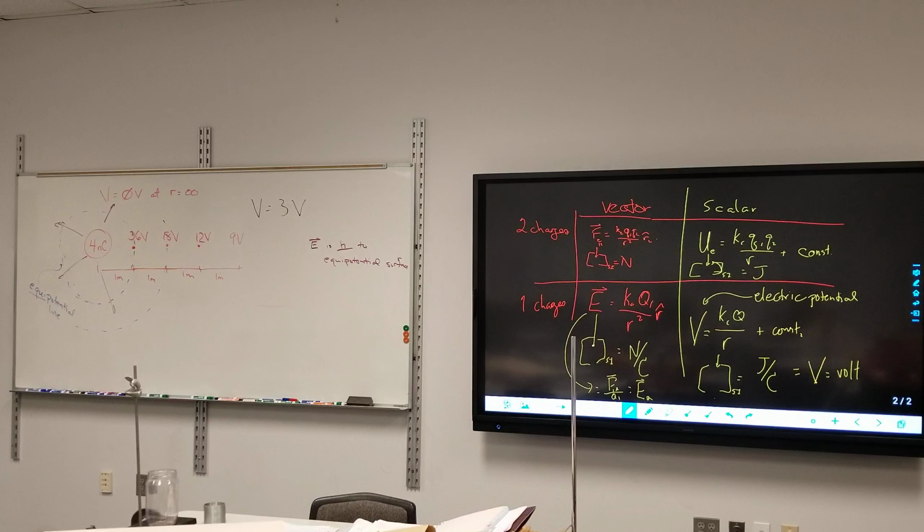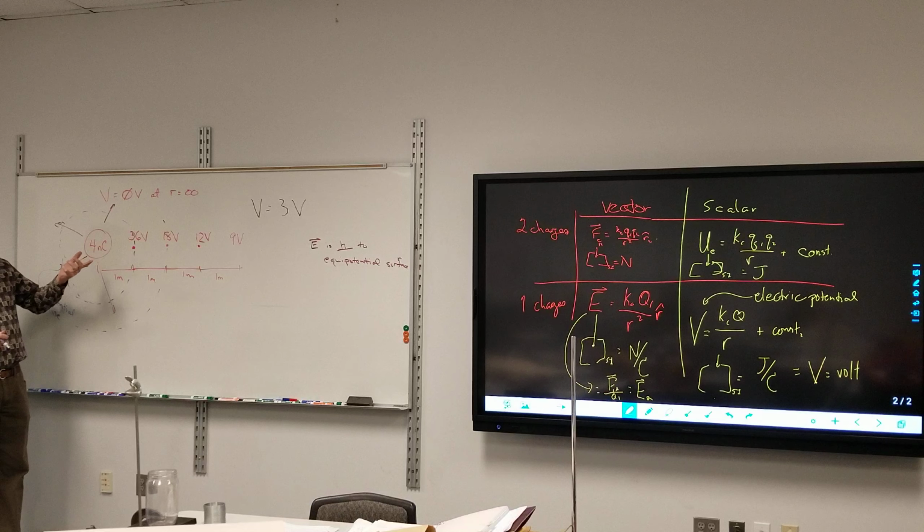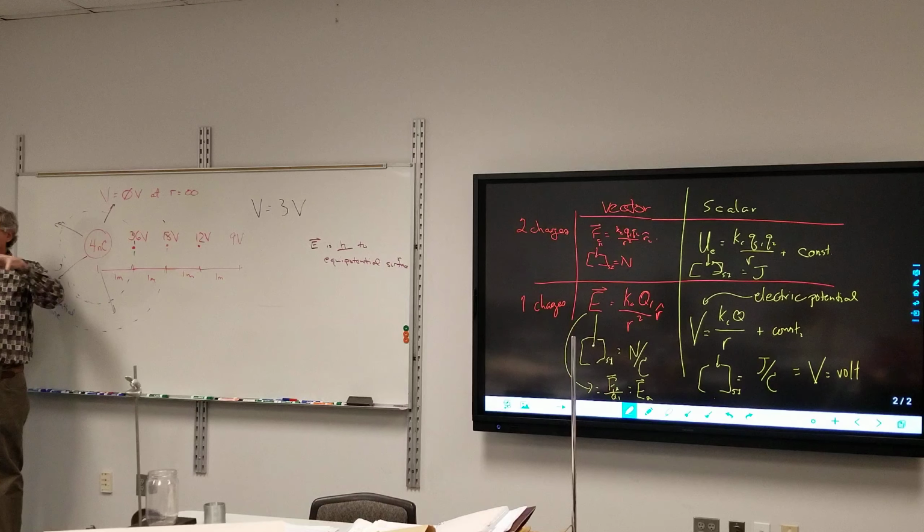So if I have a solid that is charged and in electrostatic equilibrium, we talked about before that the electric field is perpendicular to the surface. Well, adding to that, the surface would have to be an equipotential surface.